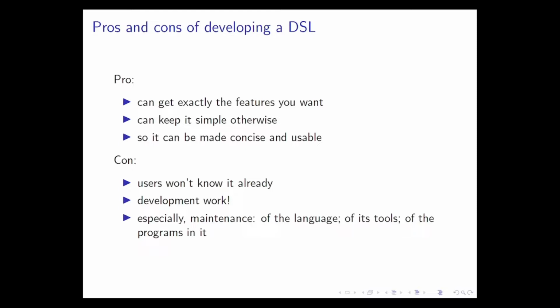So we gave as a characteristic of DSLs that they are able to be changed because they have a relatively small user base, but that of course has costs, because now you've got programs in your DSL. You've probably now got programs in version 1 of your DSL. Now you've moved on to version 3 of your DSL. Well, can your version 3 parser still parse programs that are written in version 1 of the DSL? Do all the surrounding tools still work with it? Do your engineers understand the differences between the various versions of the DSL?